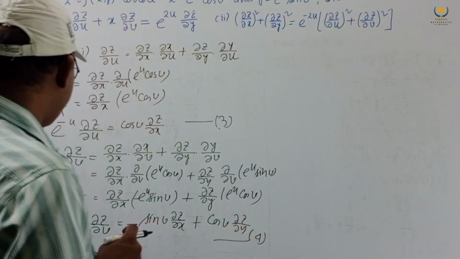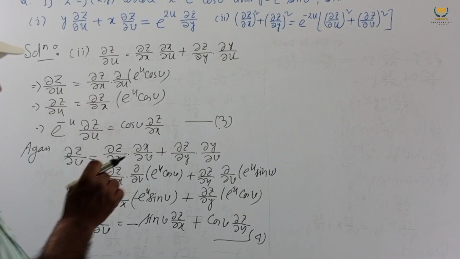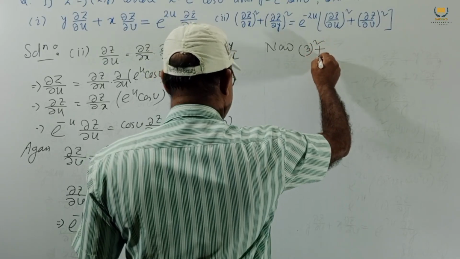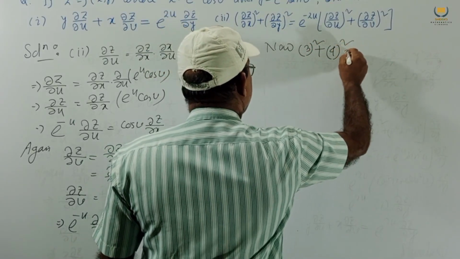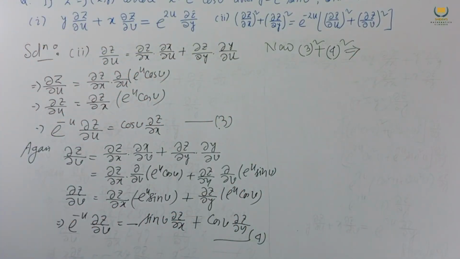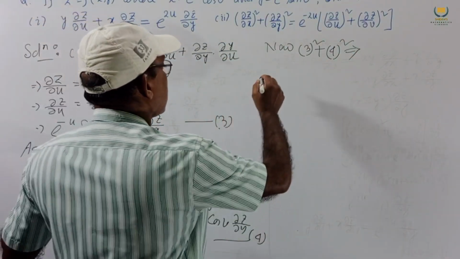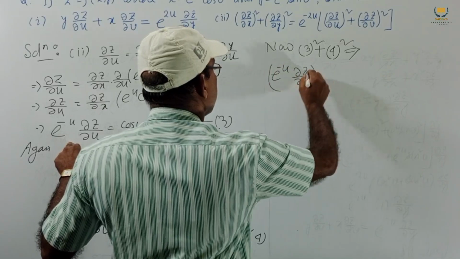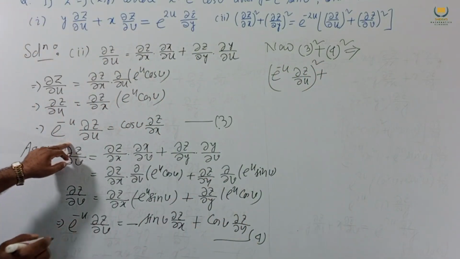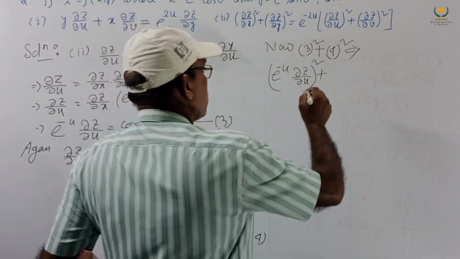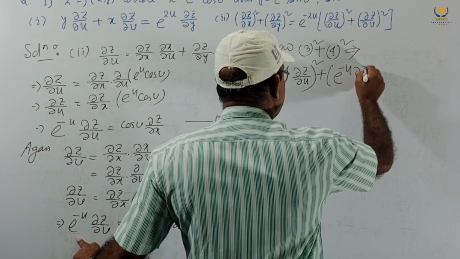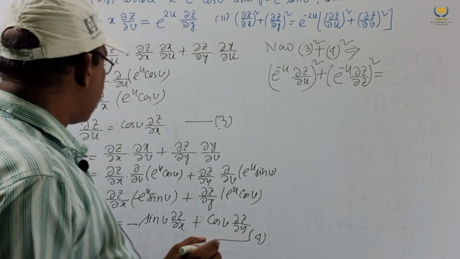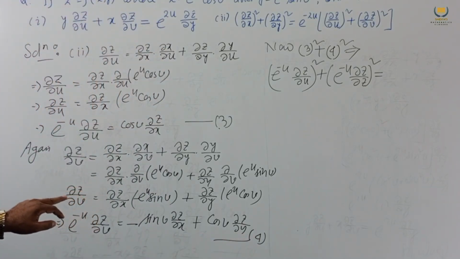So squaring number 3 and number 4 and adding, we get e to the power minus u del z del u whole square on the left hand side of 3, and e to the power minus u del z del v whole square on the left hand side of 4, and on the right hand side we get this one.